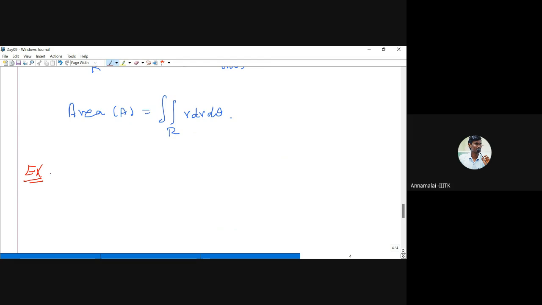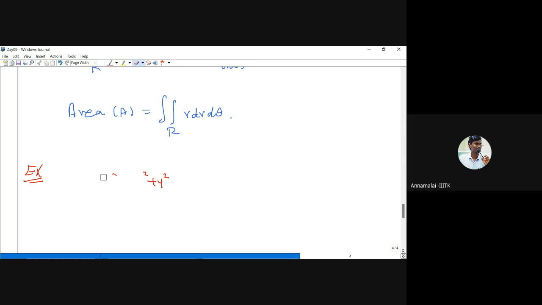Anyway, the function is given by f of x comma y equal to x square plus y square. Okay, sorry, I think not the function. Anyway, we solve another problem.